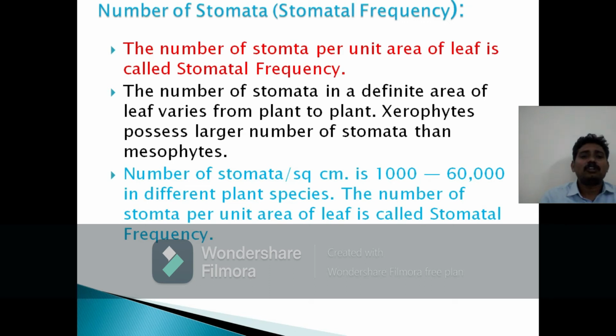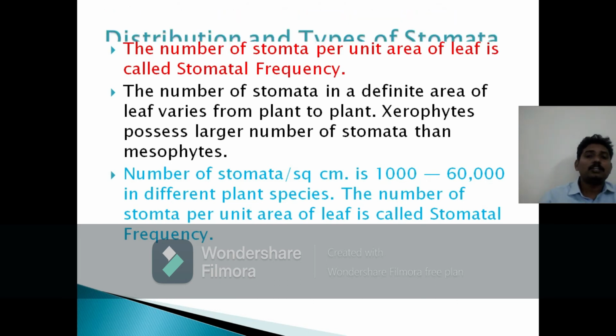Morphological as well as physiological evidence proves that xerophytes have a high number of stomata compared to mesophytes as well as hydrophytes. The number of stomata per square centimeter ranges from 1000 to 60,000 in different plant species. So in a unit area, the number of stomata present is called stomatal frequency.